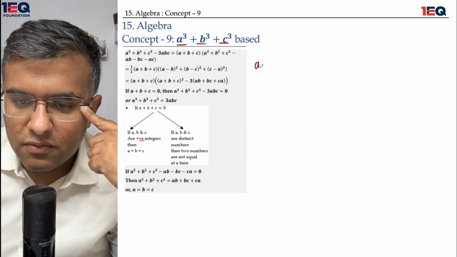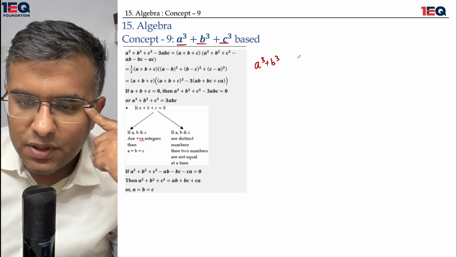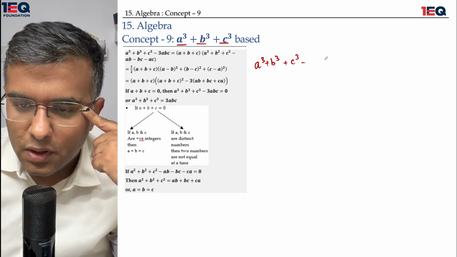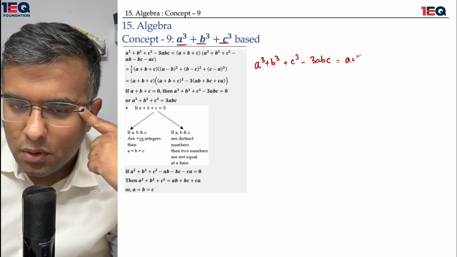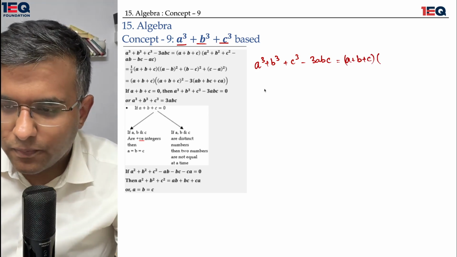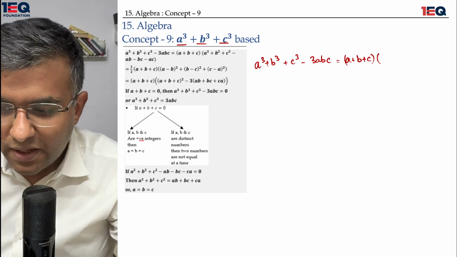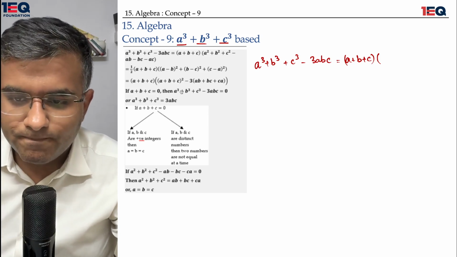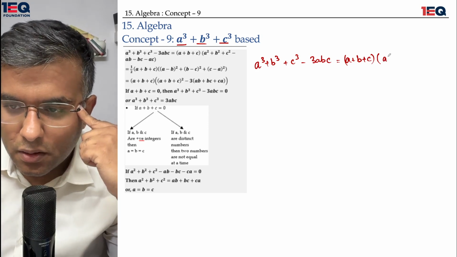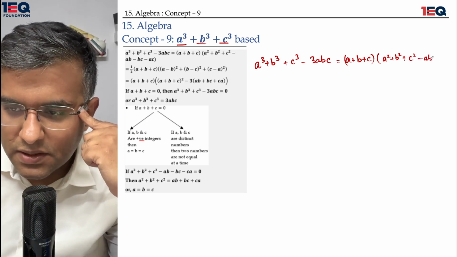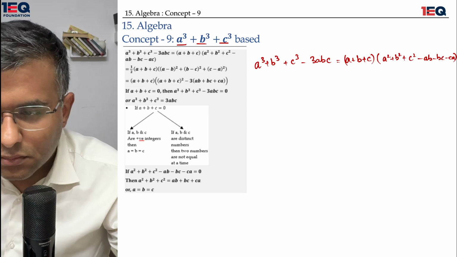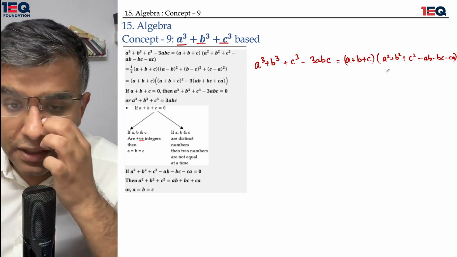The first form would be a cube plus b cube plus c cube minus 3abc being equal to (a plus b plus c) multiplied by (a square plus b square plus c square minus ab minus bc minus ca). Okay, so this entire expanded form is here in front of you.